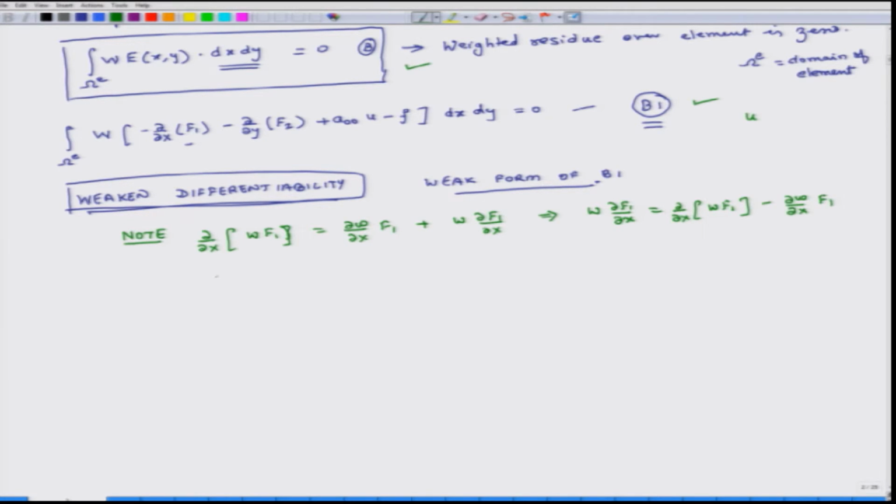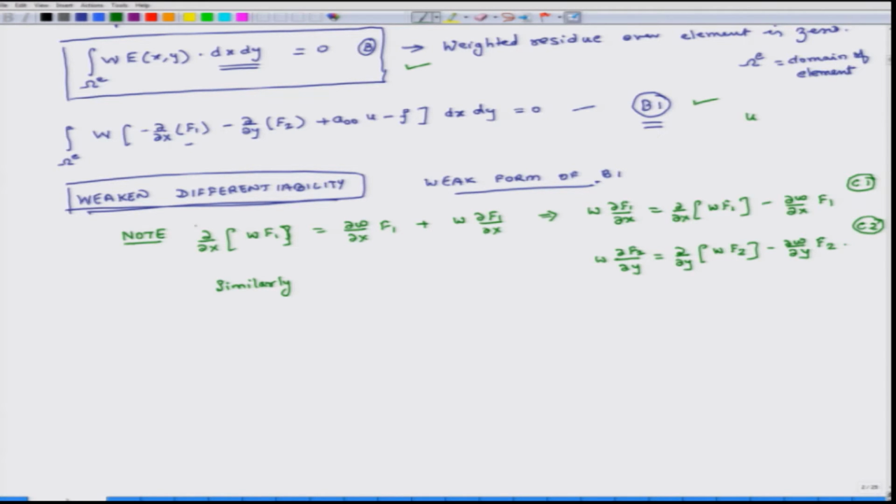Likewise, W times del F2 over del y equals del over del y of the product of W and F2 minus del W over del y times F2. Let us call these equations C1 and C2.